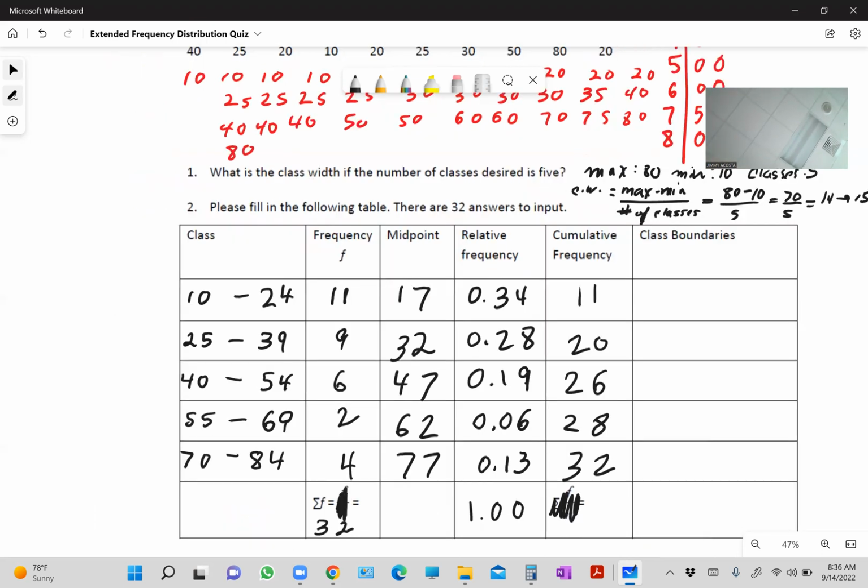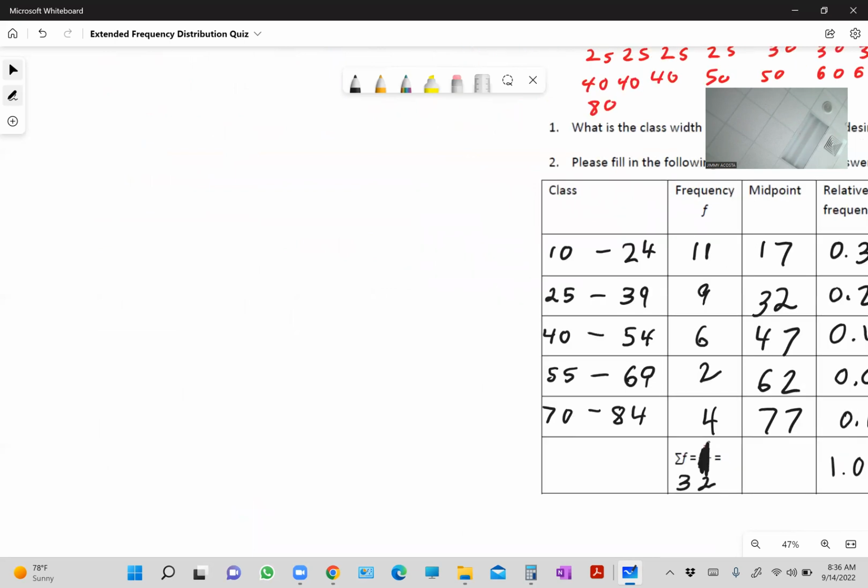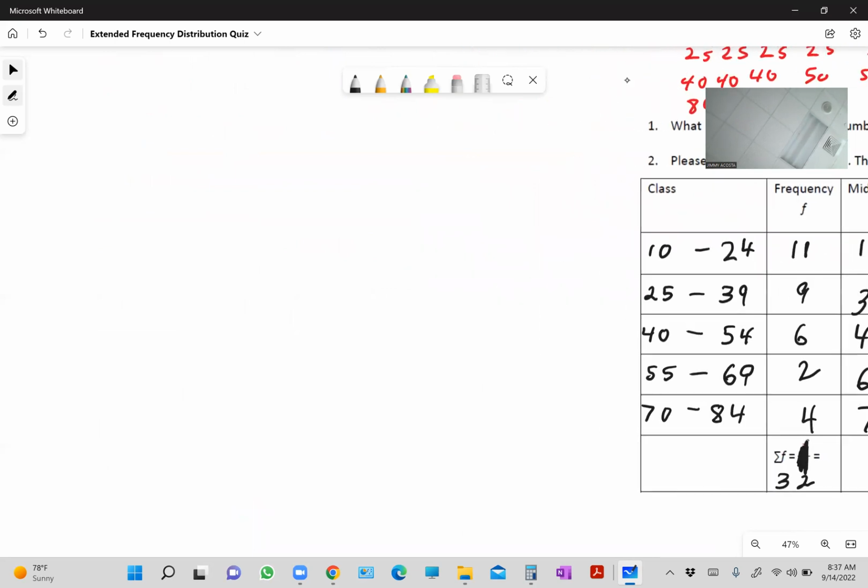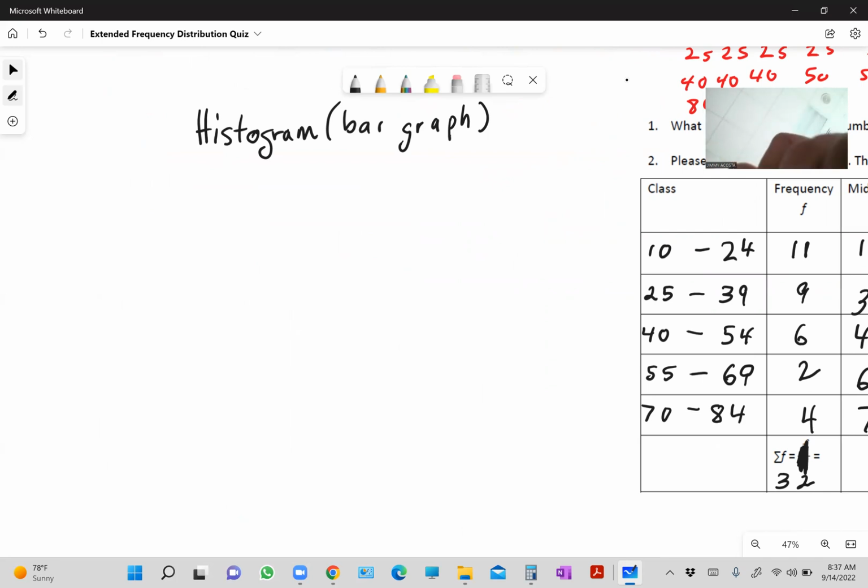So let's say I wanted to graph. I want to make something called a histogram. If I made a histogram of these classes, of this data, a histogram is a type of bar graph, but the bars have to touch.